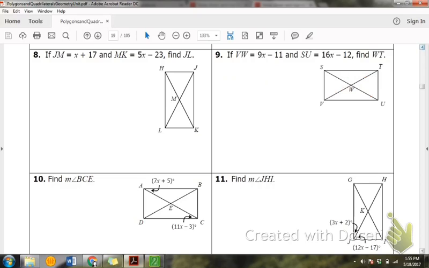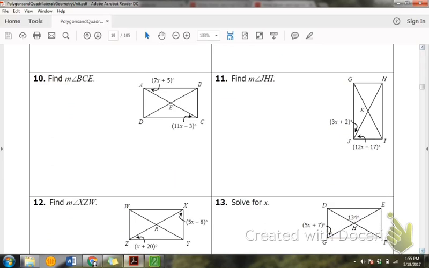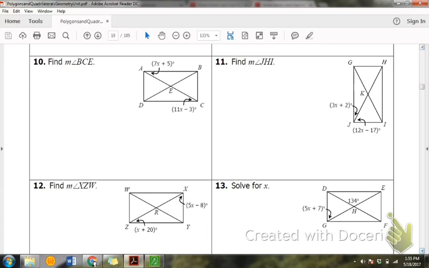Find measure of angle JHI. Well, before I can find JHI, I need to use what they had given me. They gave me measurements for the two angles in the corner, and the two angles in the corner have to equal 90 degrees, right? So I know that these two added together have to equal 90.